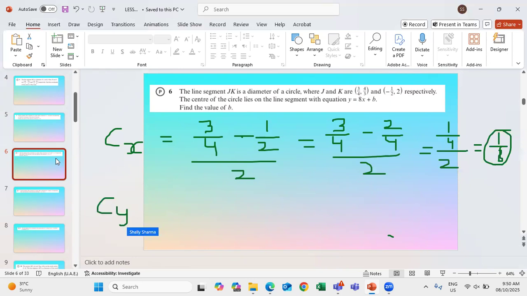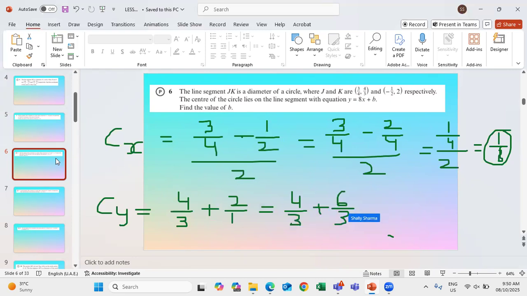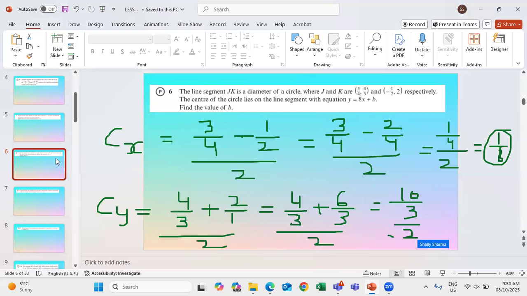Similarly, I will find Cy, which is 4/3 plus 2/1, or 4/3 plus 6/3, and that is equal to 10/3, and we divide by 2 in both cases. So this is 10/6, or in simple words 5/3.